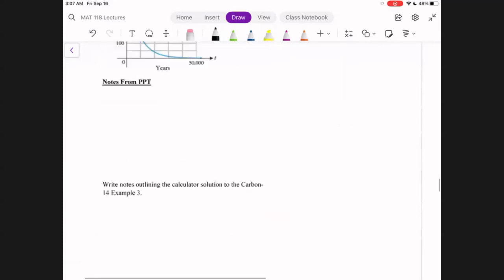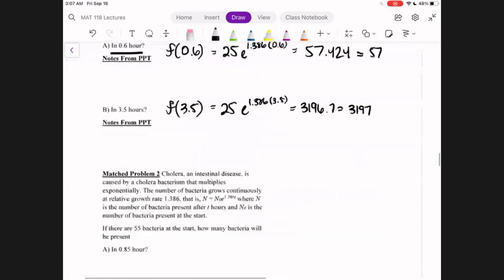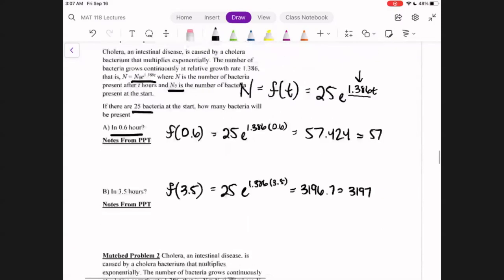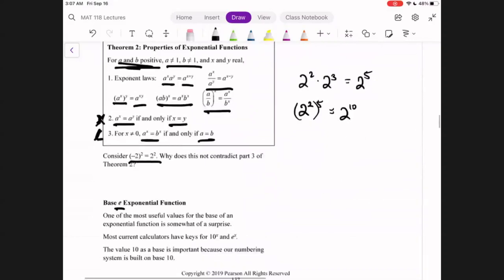So I'm going to go back up here and kind of talk about them a little bit. So let me go back up to these rules that we talked about here. Now, there will be some questions where you might have to solve a few things.